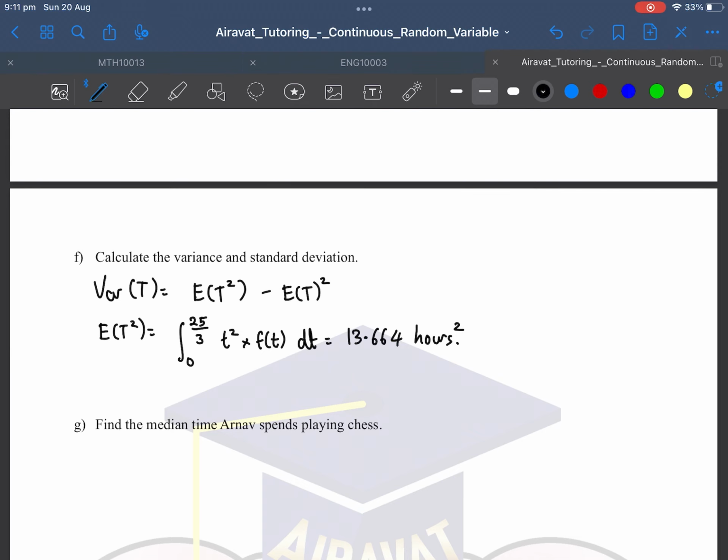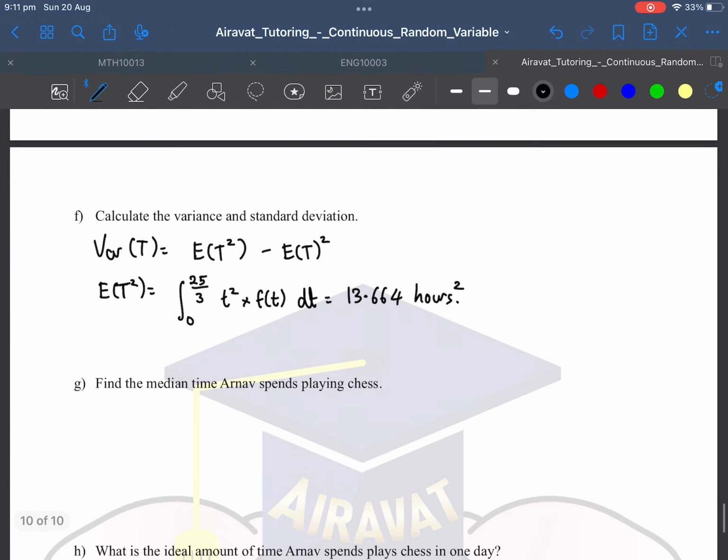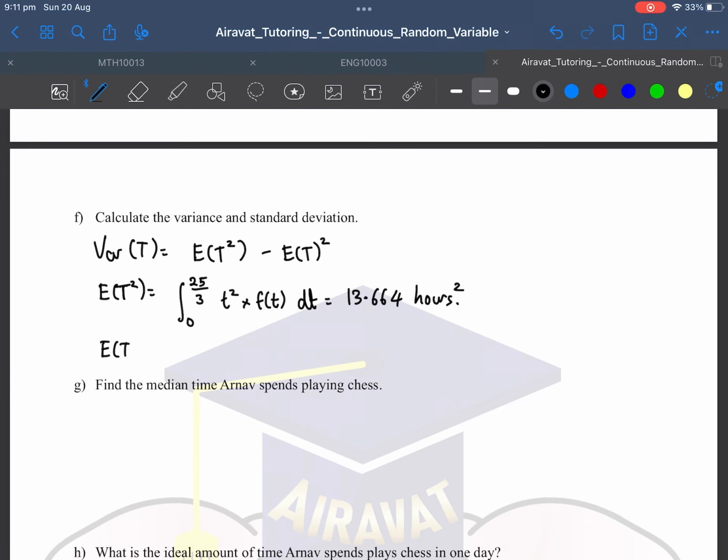Hours squared, because t is squared over here and t is time in hours. Now mean squared, we already have calculated the mean, so 3.220 squared is going to be 3.2924 hours squared. Now if we were to subtract them, 13.664 minus 3.2924, we get an answer of 10.3716.